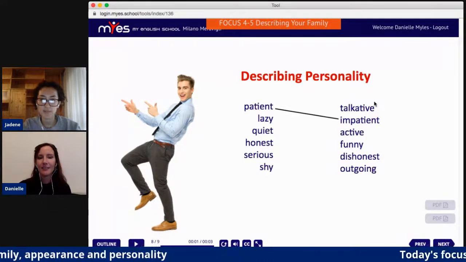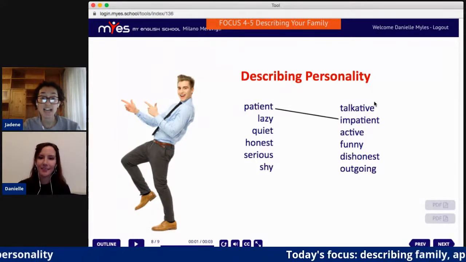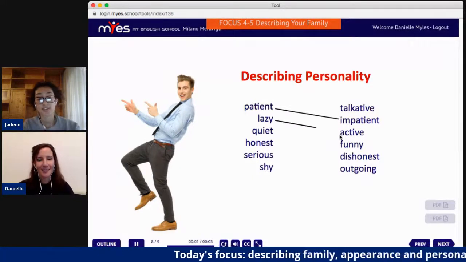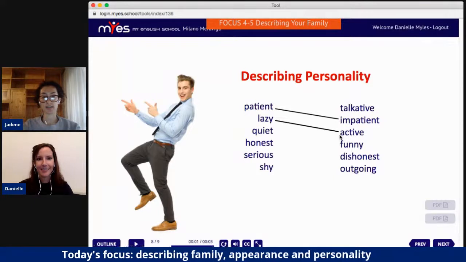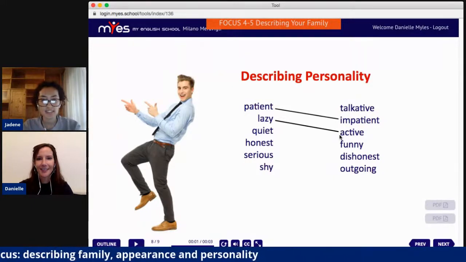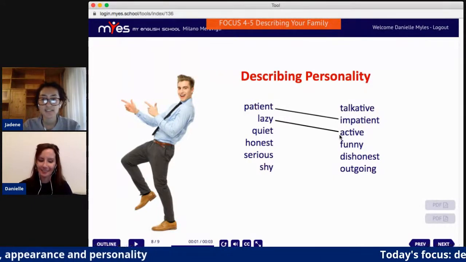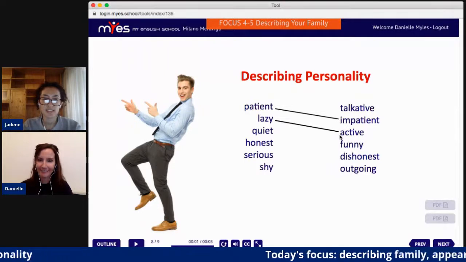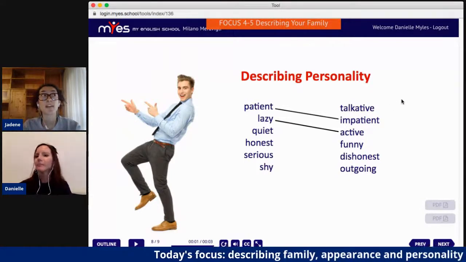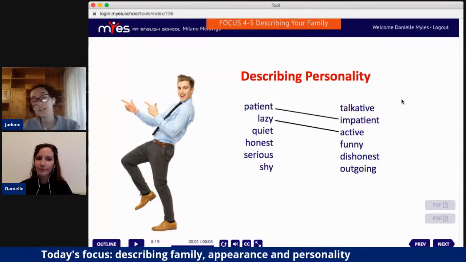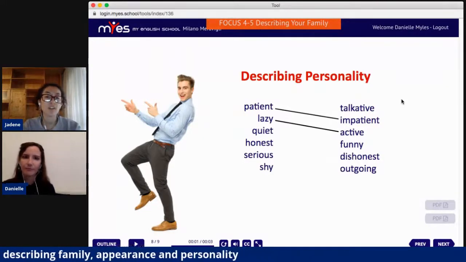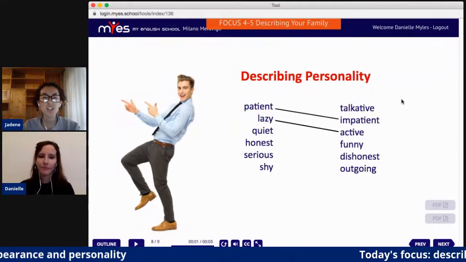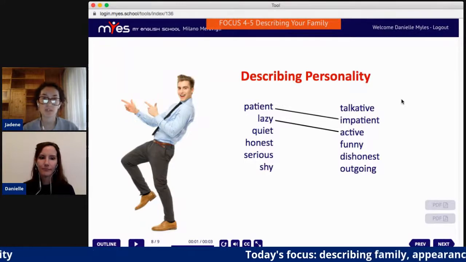Okay. So we have some more as well. We've got lazy and active. Yes, well done. So what is the difference here? What does lazy mean, Jadene? Lazy is someone who maybe doesn't have a lot of energy or just doesn't want to do something.